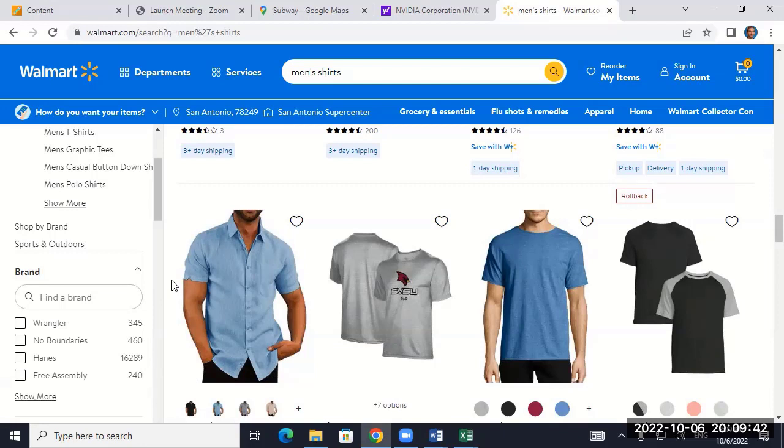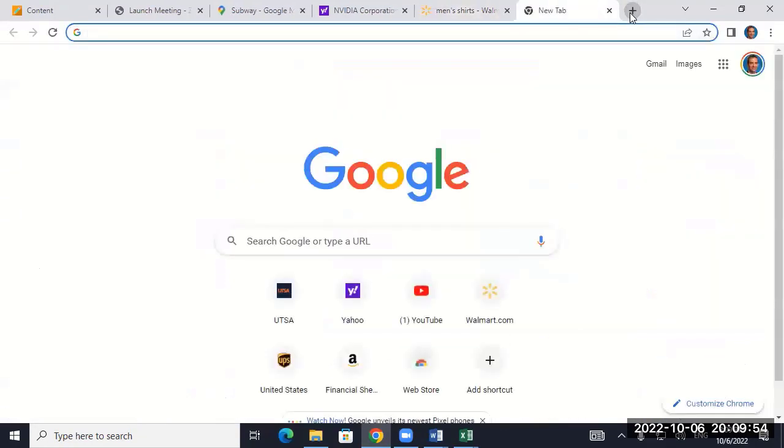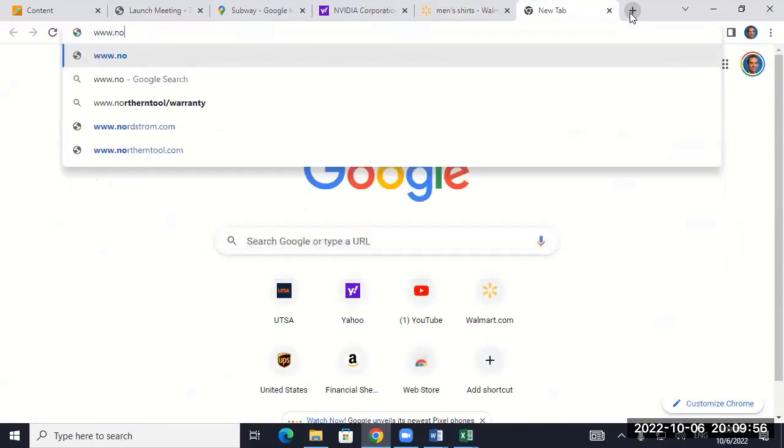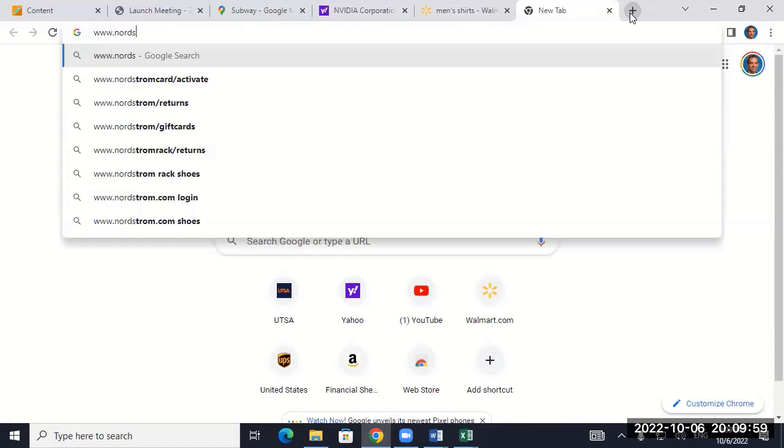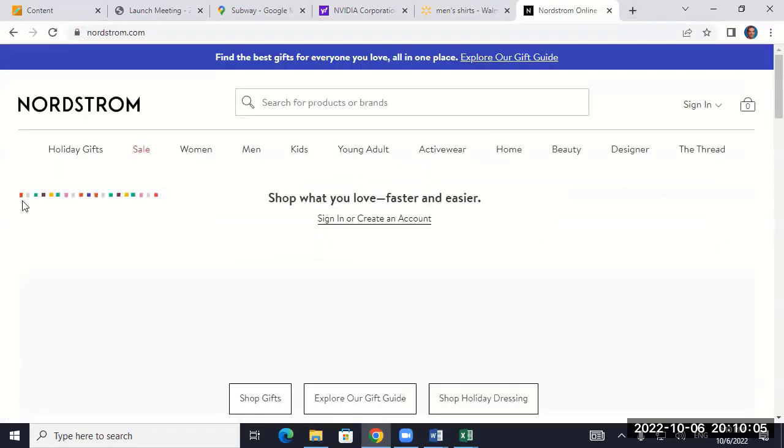So students tell me the incentive is pickup. They do have delivery, so there's delivery, 1-day shipping, 3-day shipping. So you've got some options. You compare that to Amazon, obviously, or Nordstrom. Oh, I can't spell Nordstrom. How do you spell Nordstrom? Is that a site you can buy stuff on?